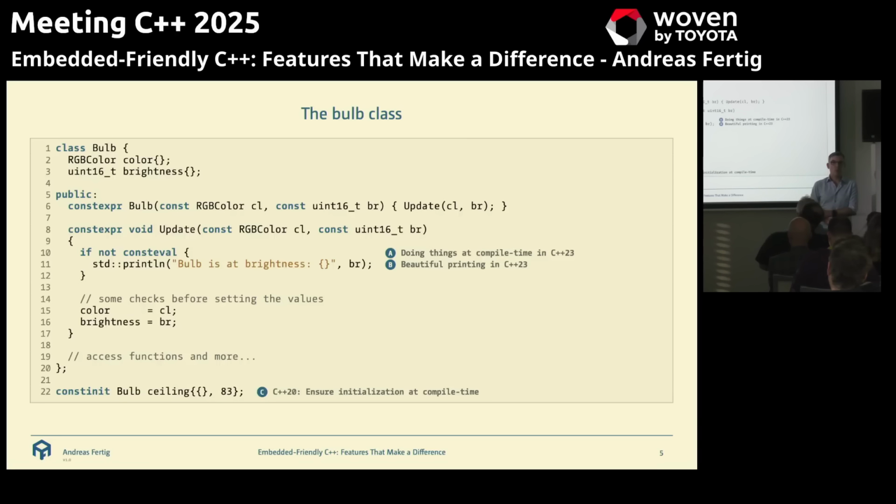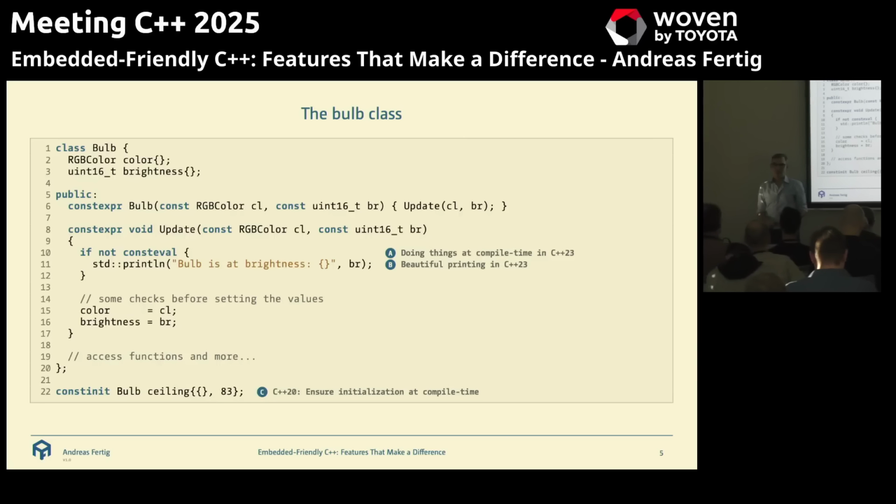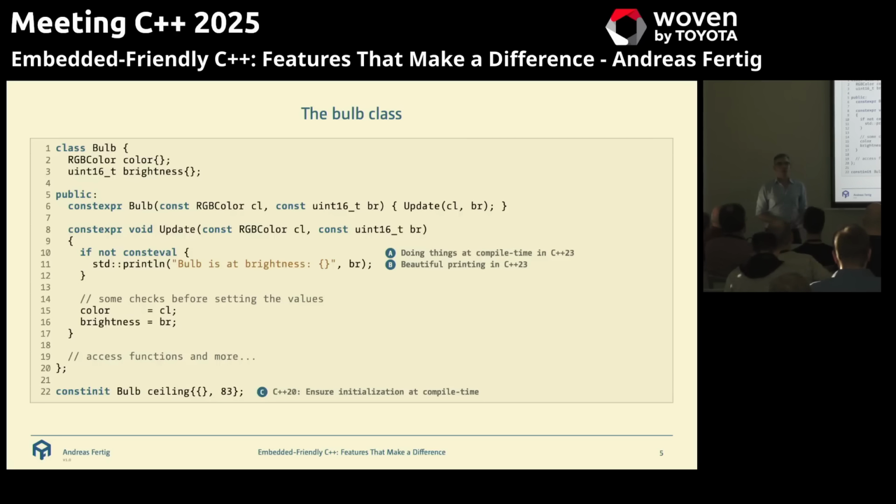So this is what I want here. I want to guarantee that that thing gets initialized at compile time, but of course, it's the thing we are developing, and the idea is that we change it at runtime, so let's do that. So this is what const init here gives you in C++20. Guaranteed initialization at compile time with the option to change things later. Cool.